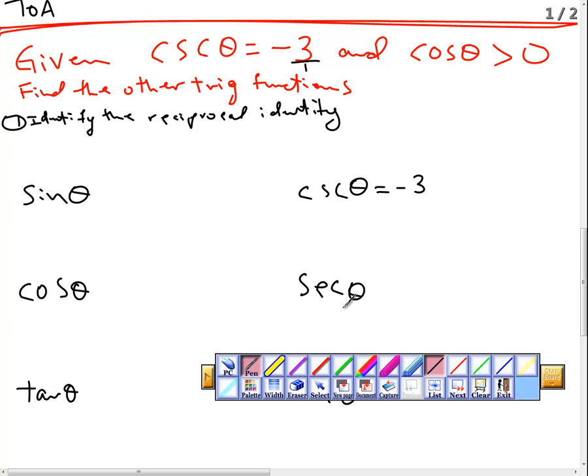So to find where our values are on our triangle, it helps to go ahead and find what the reciprocal is, which would be sine, right? So if cosecant is negative 3 over 1, then sine would have to be what? Negative 1/3. Good. And since we know our SOHCAHTOA, right?